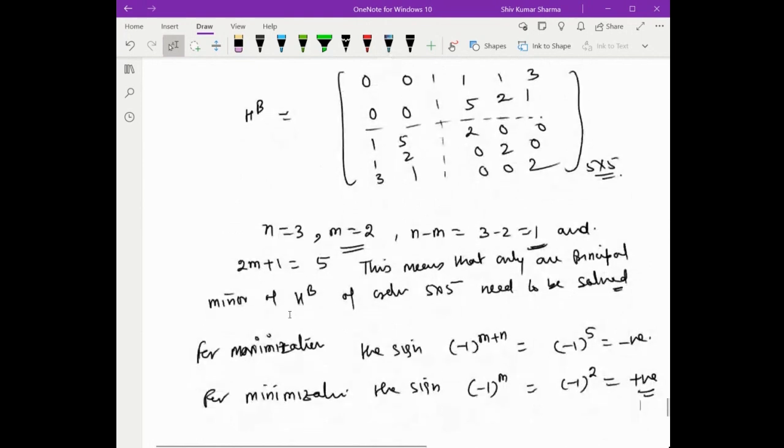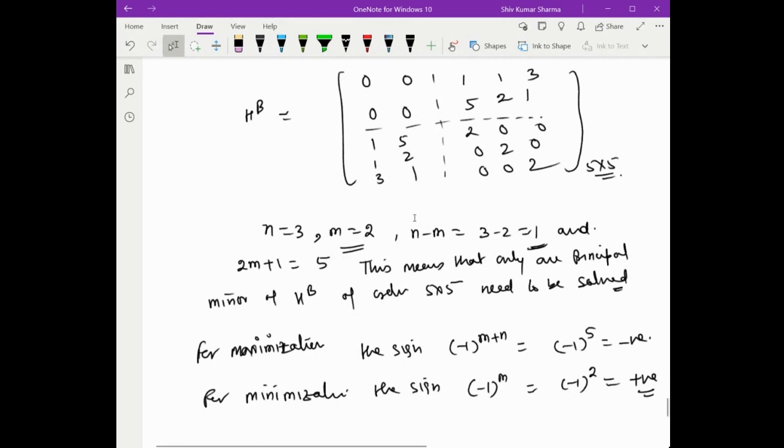Okay. So now our focus is to solve the determinant of the border Hessian matrix. How to solve the determinant of a border Hessian matrix of order 5 by 5? In intermediate or first year, we have to solve determinants of order 2 by 2, 3 by 3, 4 by 4, 5 by 5, and so on.